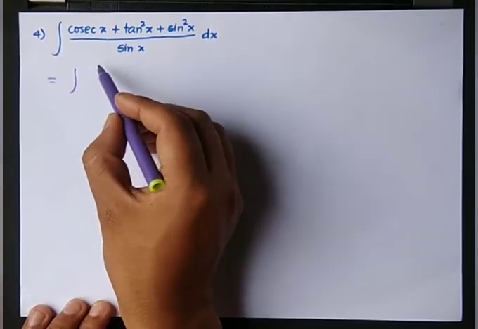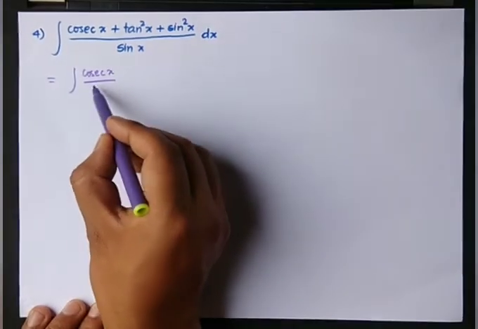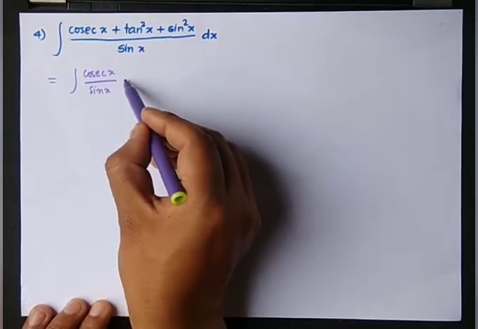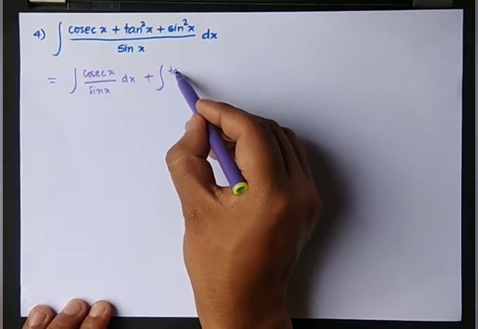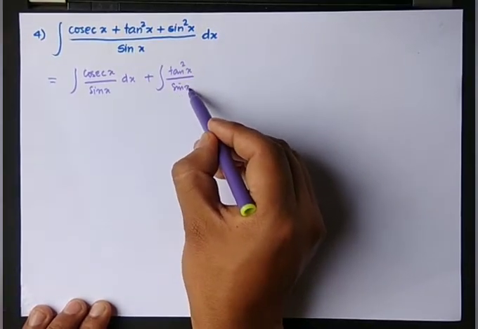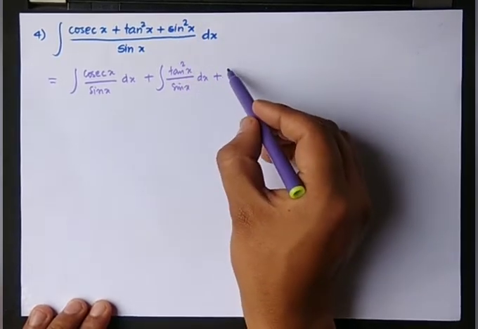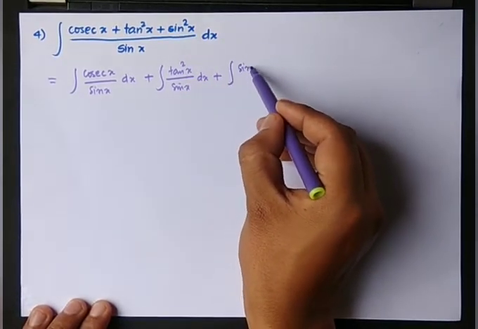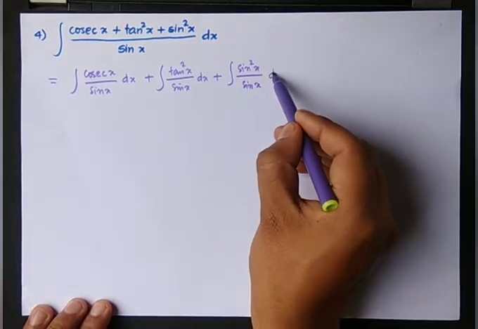That means this can be written as cosec x by sin x dx plus tan square x by sin x dx plus the last one, that is sin square x by sin x dx.